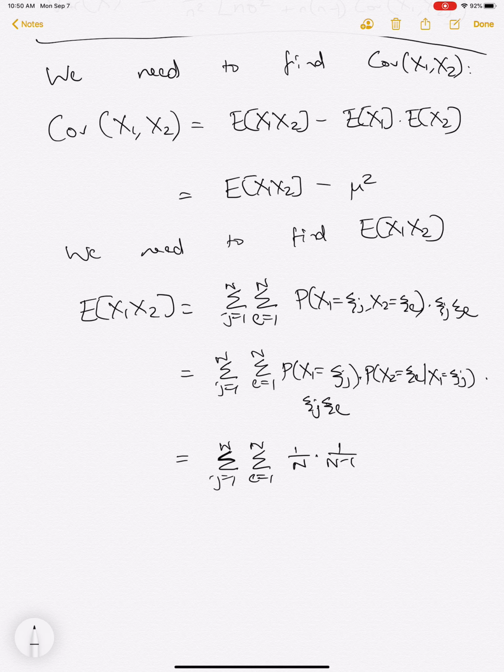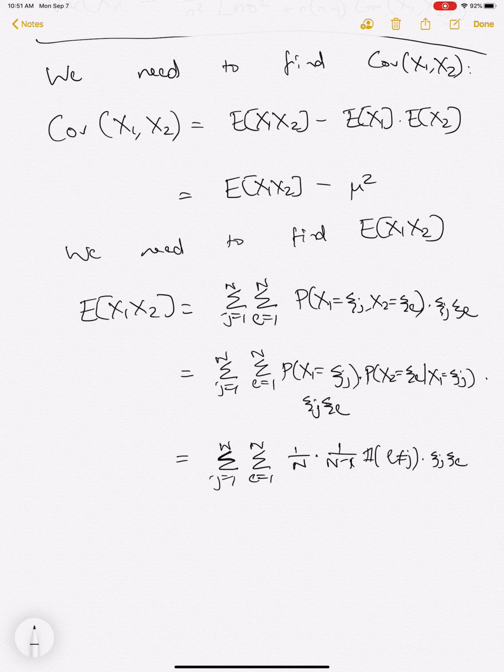But we have to remember that if l happens to equal j, then you can't possibly draw that again. So I'm also going to have this indicator here that l is not equal to j, and then times that by Cj and Cl.